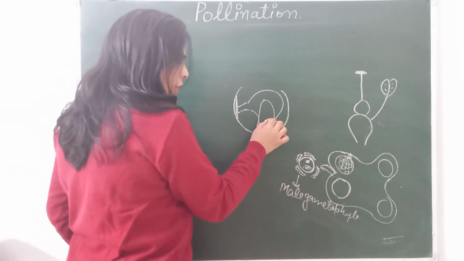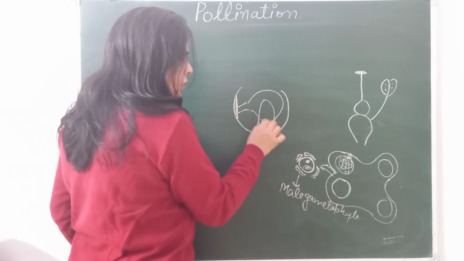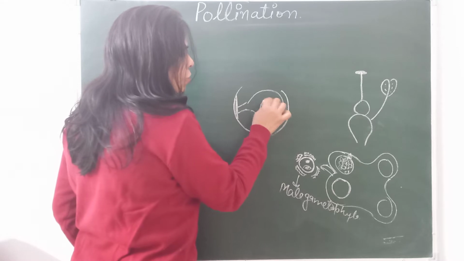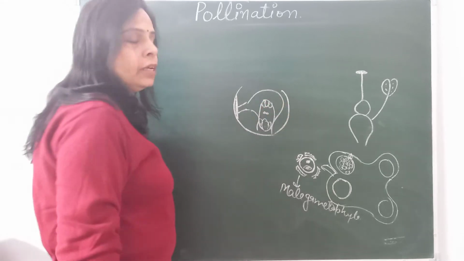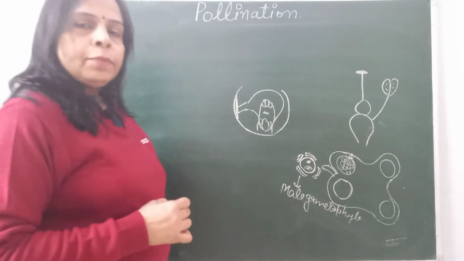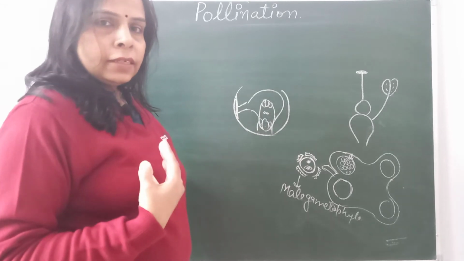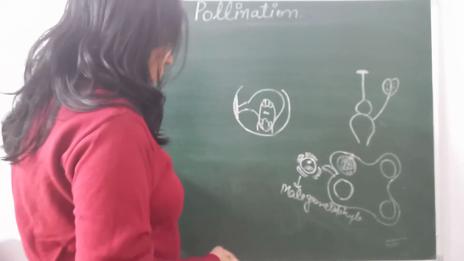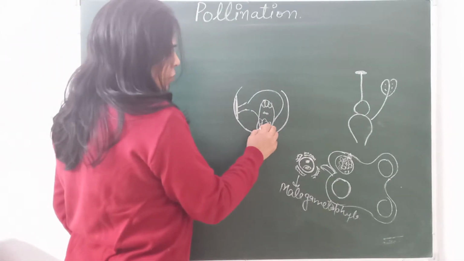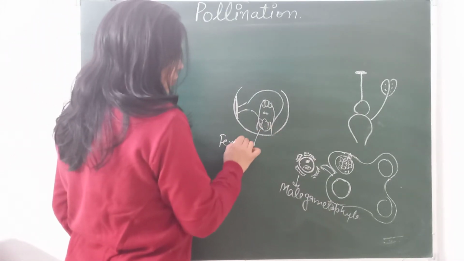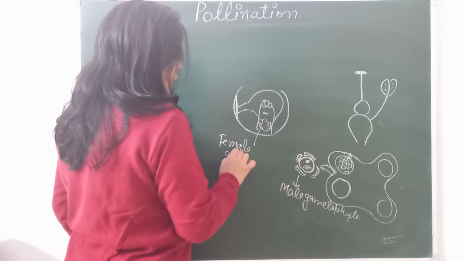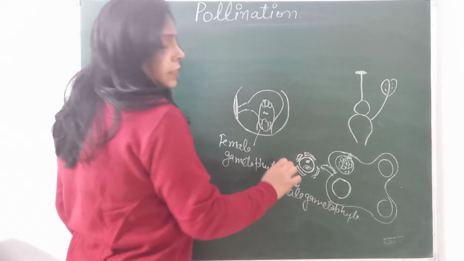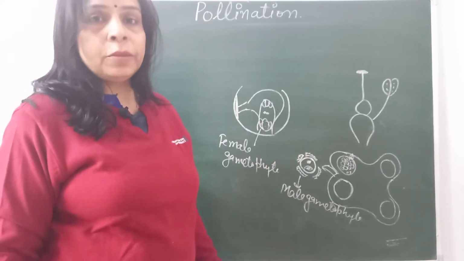And the embryo sac that was formed had the egg, synergids, 2 polar nuclei, and 3 antipodal cells. That was the typical polygonum type of embryo sac, which had 8 nuclei and 7 cells. And this embryo sac is also known as female gametophyte.